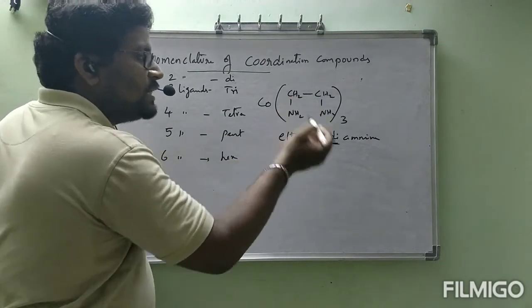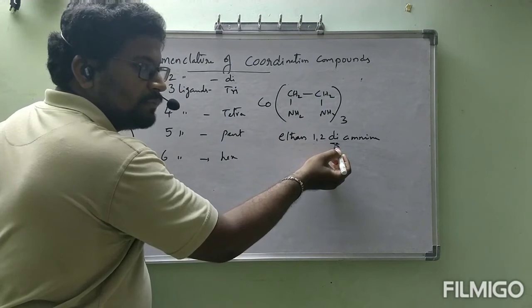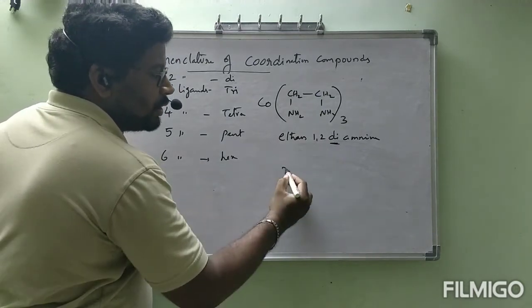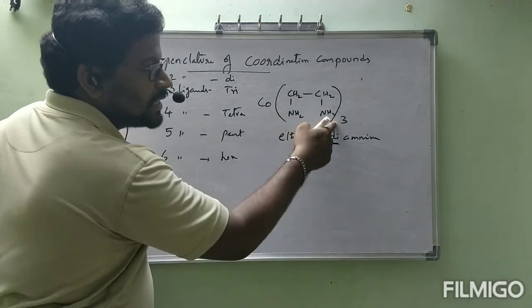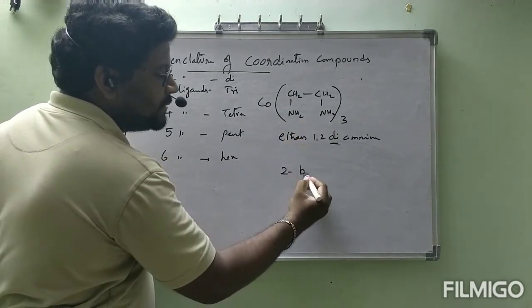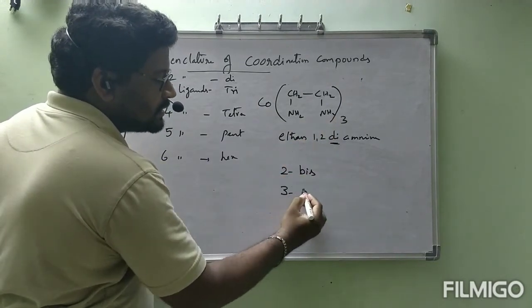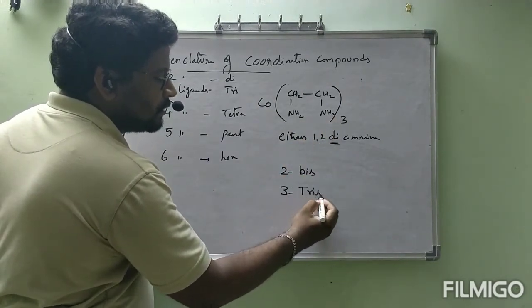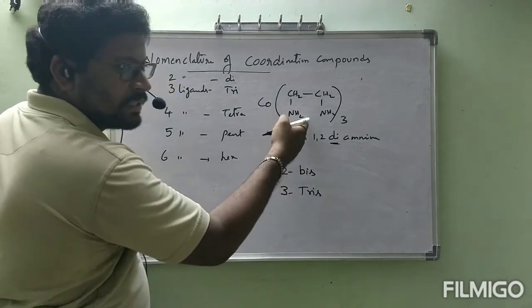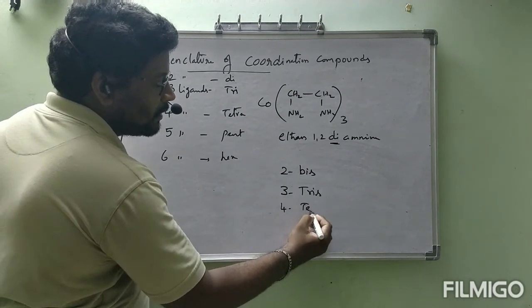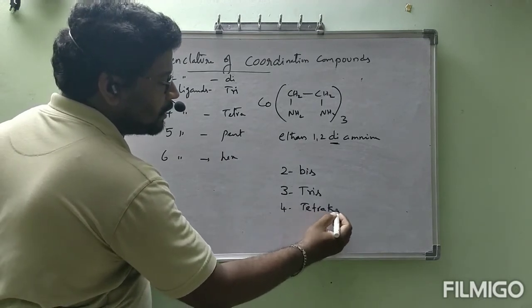So if the ligand itself contains a number like this, di like this, then here we will use outside, if 2 is there, bis. If 3 is there, tris. Now we have to use here tris. I will show now. Then 4 is there, tetrakis.